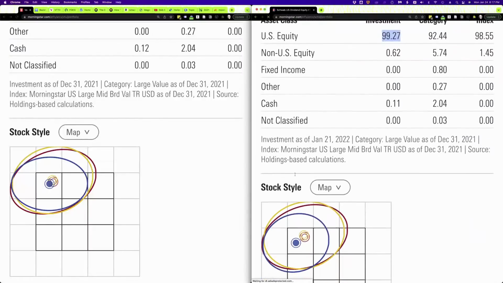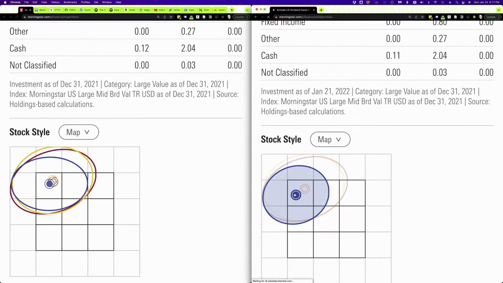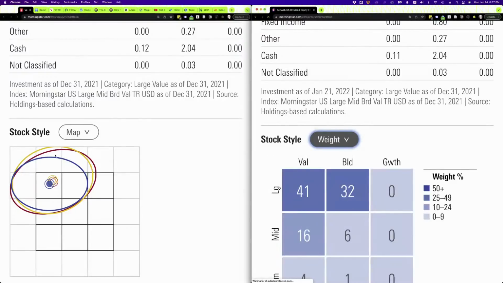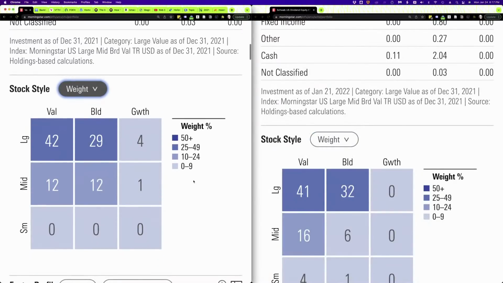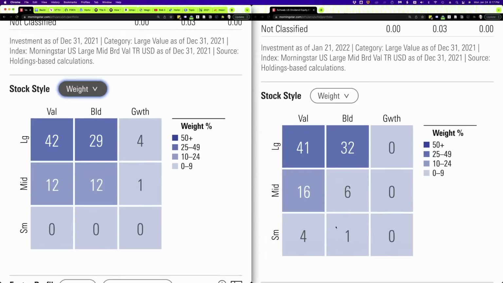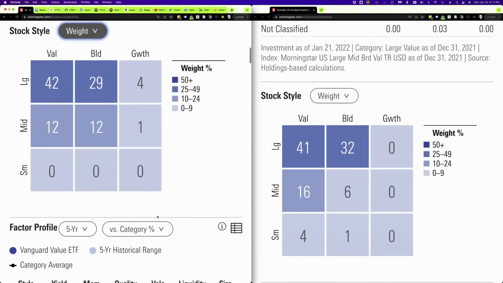It's tilted a tad bit more to value, and it's a tiny bit smaller. We can actually go to the weights and see how it's distributed. So this one it's a little smaller, right? It's got a little bit of small cap. It's actually got a little less mid cap, but they're still very similar.